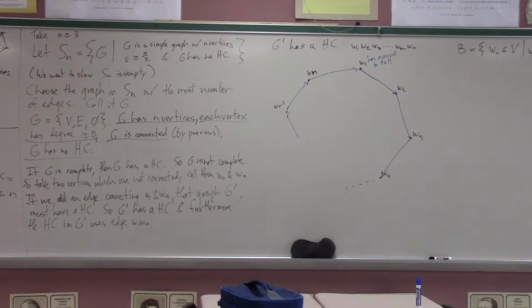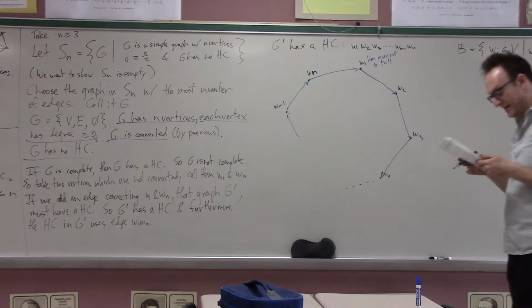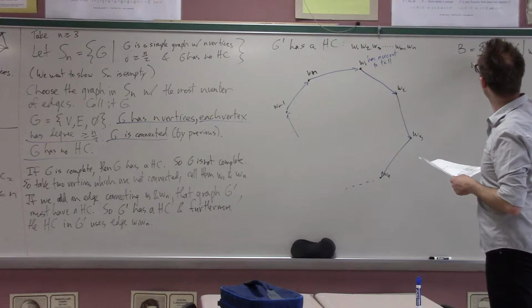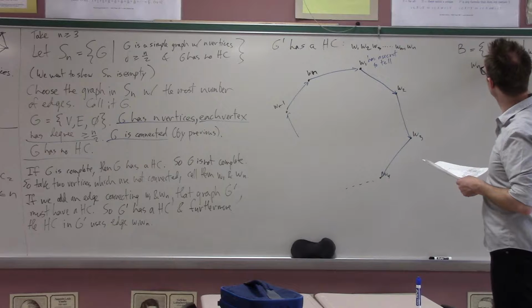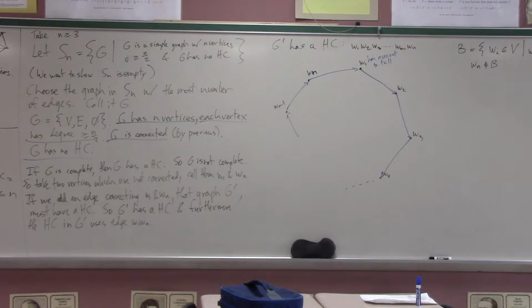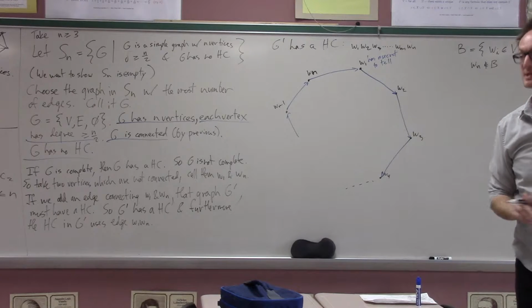So set B is just the friends of Wn. Note that the edge refers to the edges of the original graph G, not G prime. First of all, note that Wn is not in this set B, because you can't be friends with yourself. Because it's a simple graph.